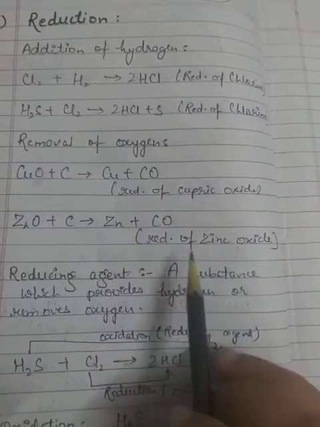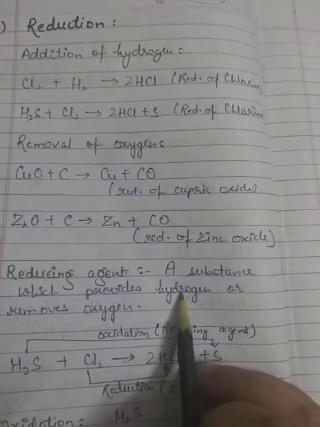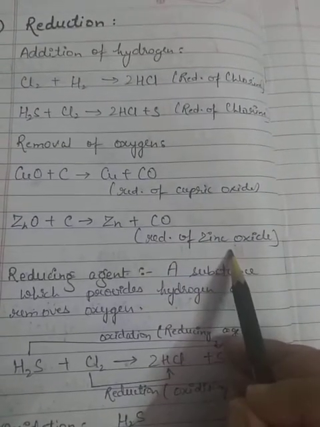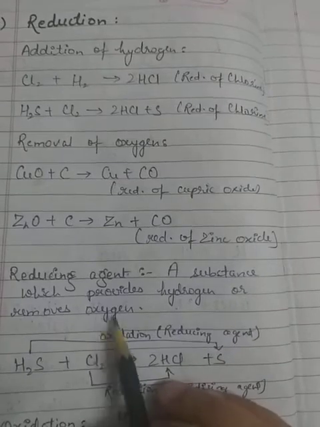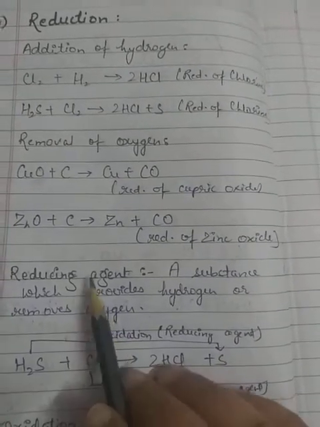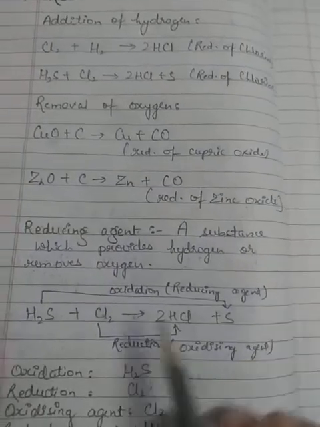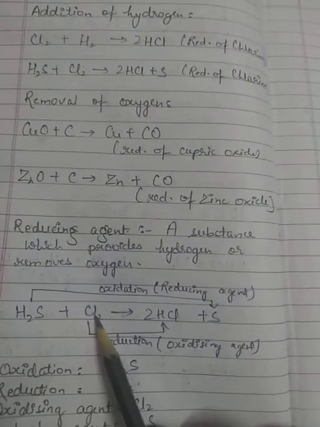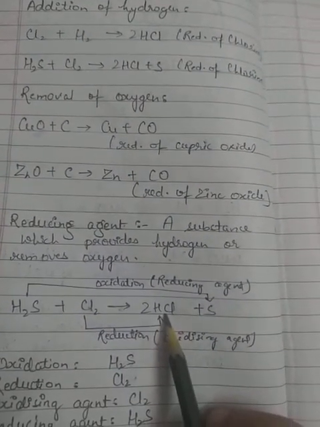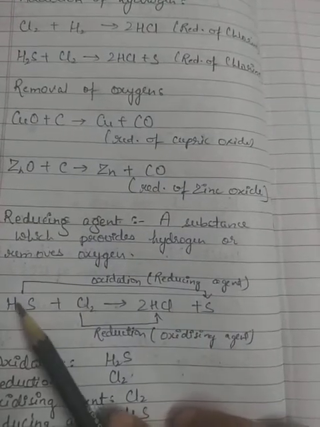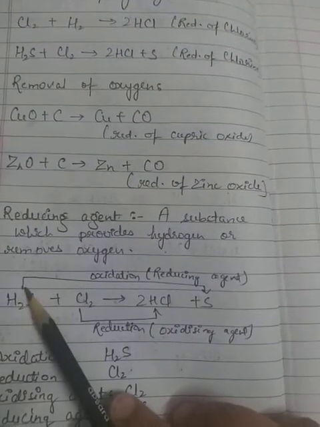So if it is reducing any other substance, it means either it is providing hydrogen to that substance, or it is removing oxygen from that substance, and itself it will get oxidized. Here we'll take an example where H2S and chlorine combine together and we are getting HCl and sulfur.